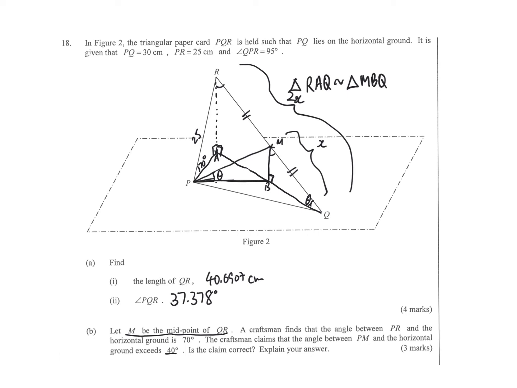Because it's going to be a double relationship, all we need to do is divide it by 2 to find the actual length of MB, because at the end we want to find the angle theta, so we must use this triangle. So that means we can find the length of MB, because it's going to be half of RA.